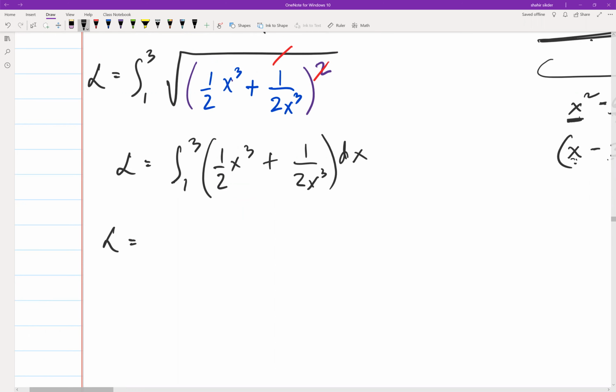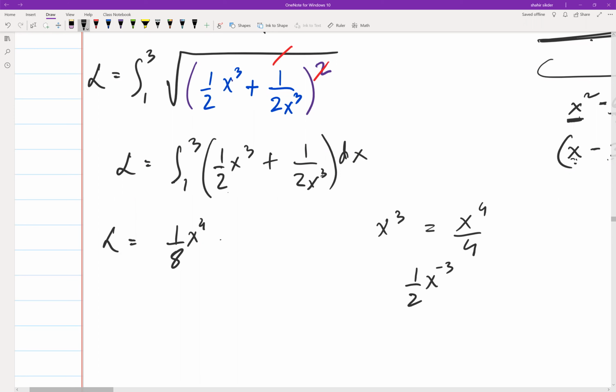Integral, you add 1, you subtract, so I wouldn't write 1 through 3 anymore, it would be x to the 4 divided by 4, since x cubed integrates to x to the 4 over 4. I have a 1/2, so it'd be 1/8 x to the 4. For the other term, I cannot do it like that, so I have to write it as x to the -3.